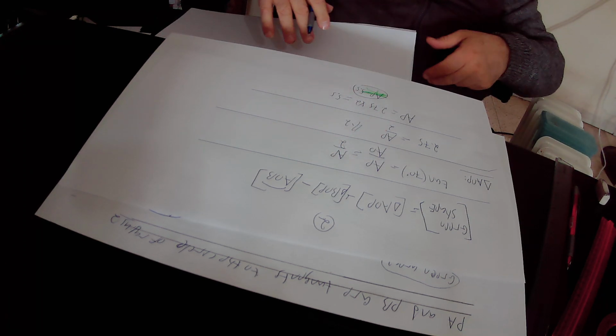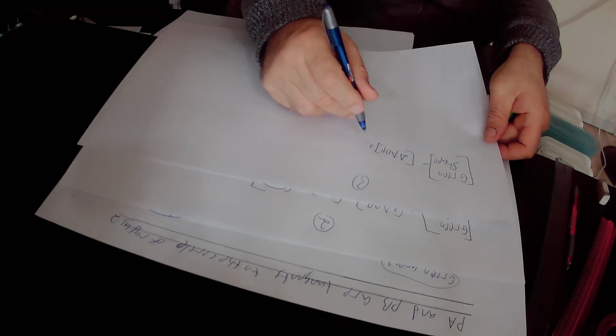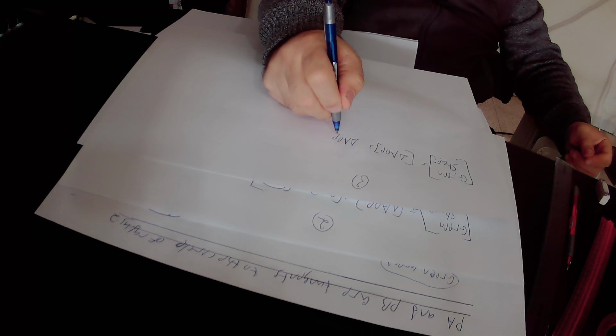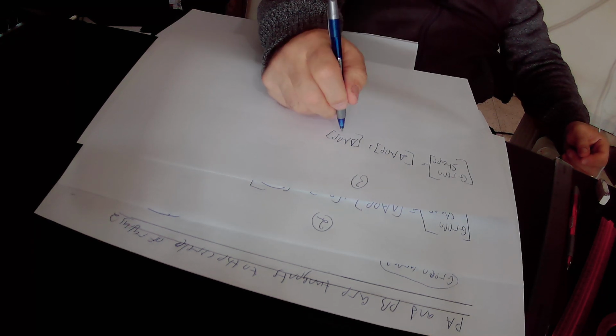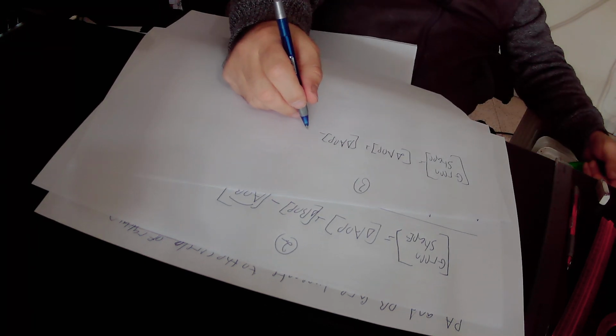So this is the area of triangle AOP plus the area of triangle AOP again, minus the area of sector AOB.